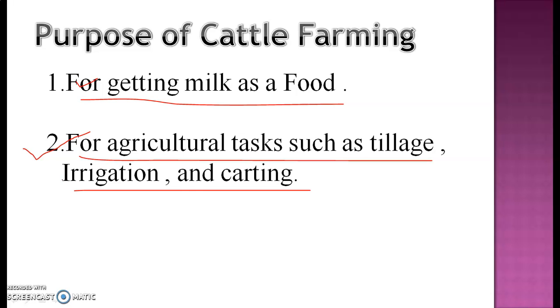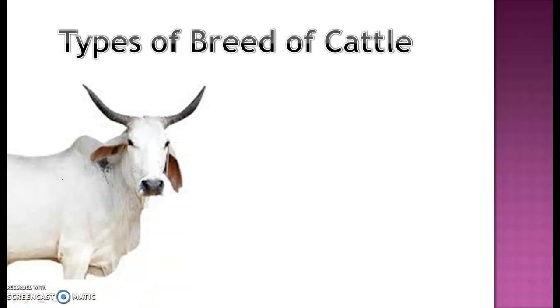So children, on the basis of the mentioned criteria, animals are further divided into different categories, like milk yielding, draught animals and different breeds. First of all, we need to understand the types of breeds of cattle, and before that, what a breed is.